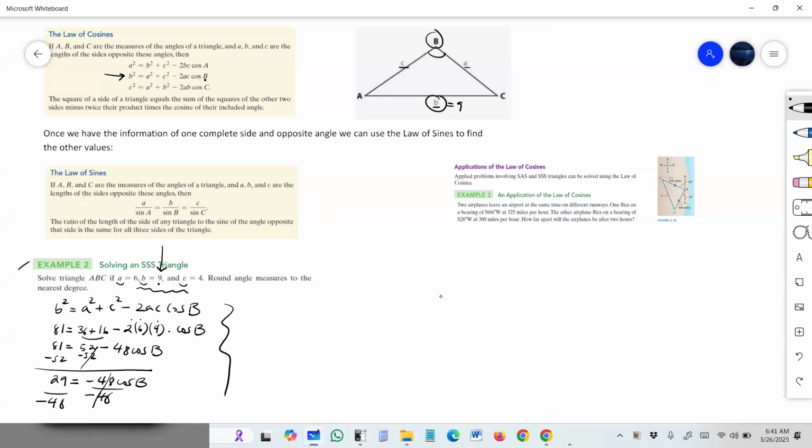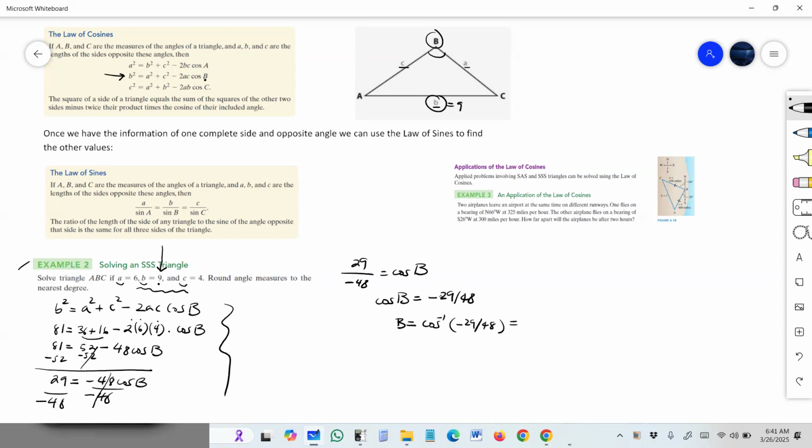Obviously, this is going to be a negative answer. So I have that cosine capital B equals negative 29 over 48. Now, how do I solve for the angle B? It's the inverse function again. So cosine inverse of minus 29 over 48.